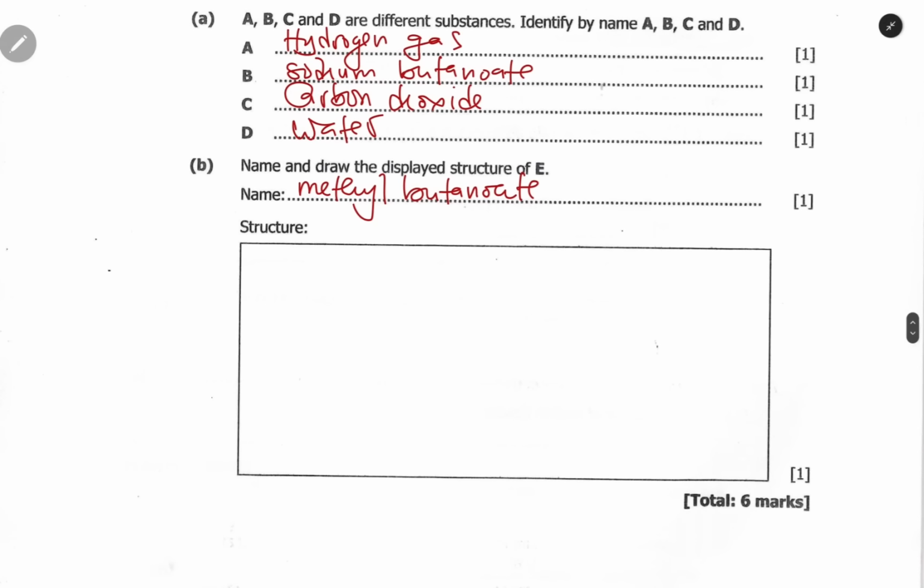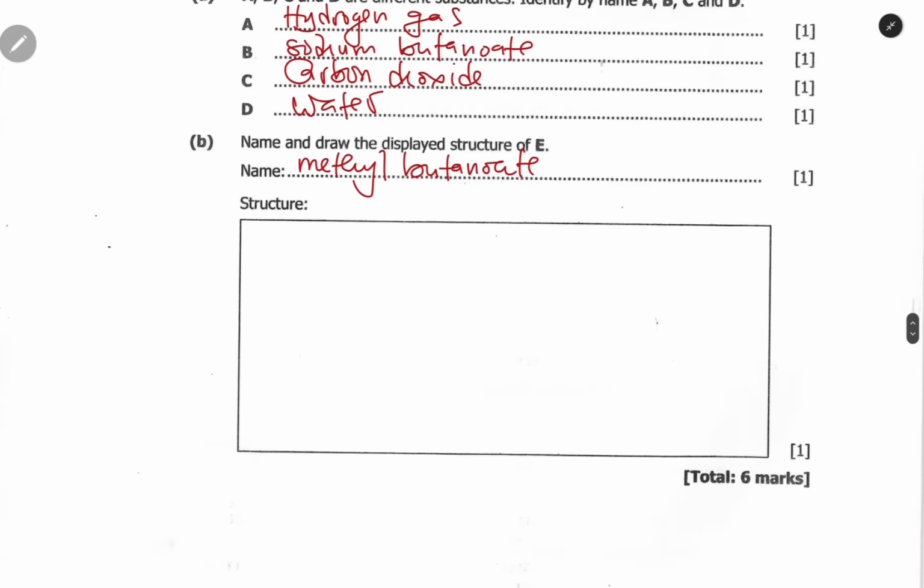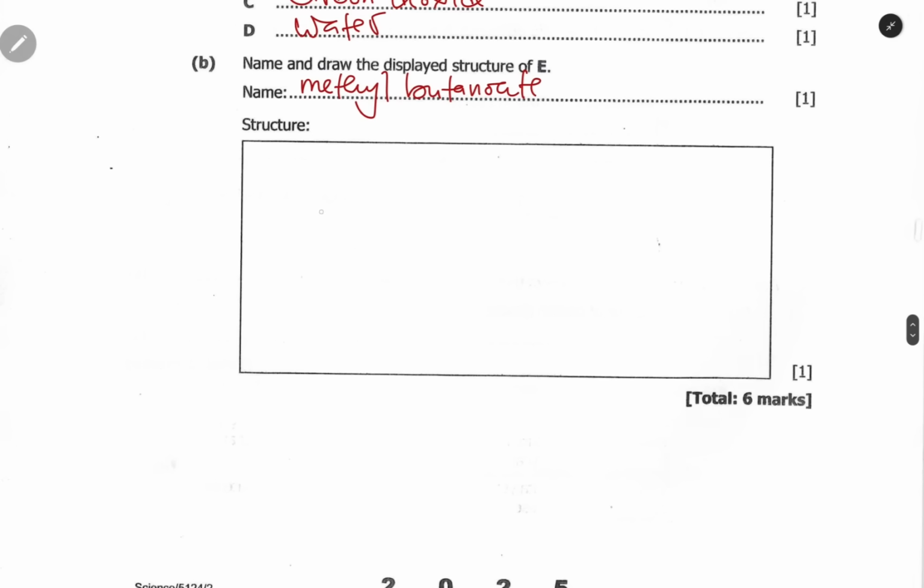Now what is the structure? So for this one, we are going to start by putting up the diagram for methanol. So methanol has one carbon, looks like this. Okay, then on the other side we'll put the butanoic acid.